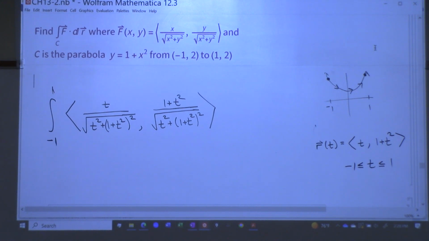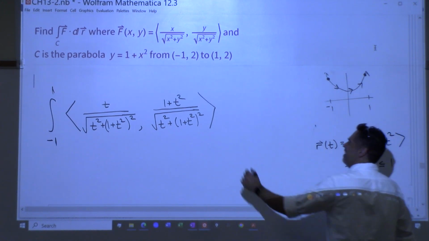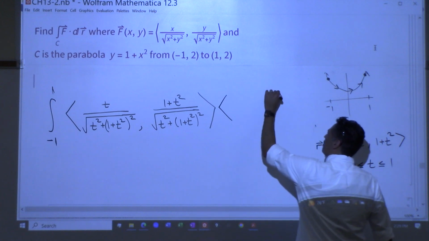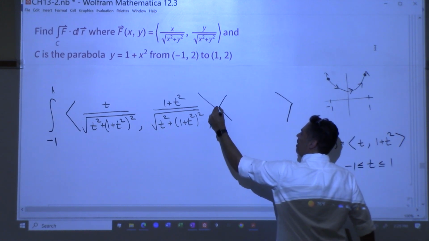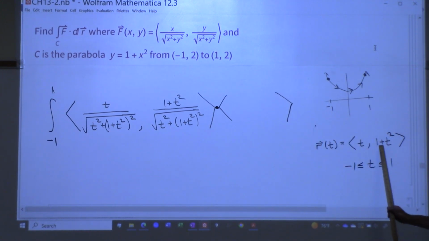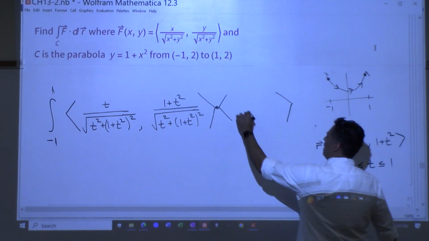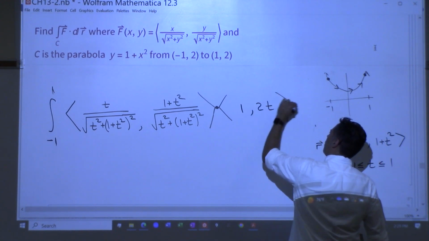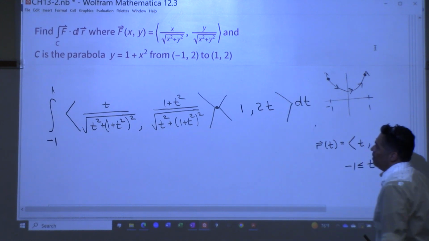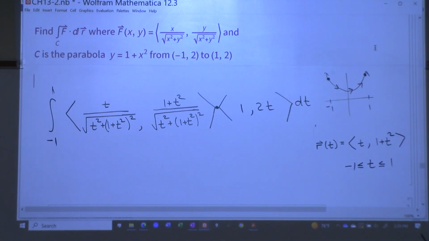Maybe we can change coordinates instead. I'm going to dot that with the derivative of this. So I need to take the derivative, which is going to be 1 comma 2t, with respect to t. All right, now do your dot product.